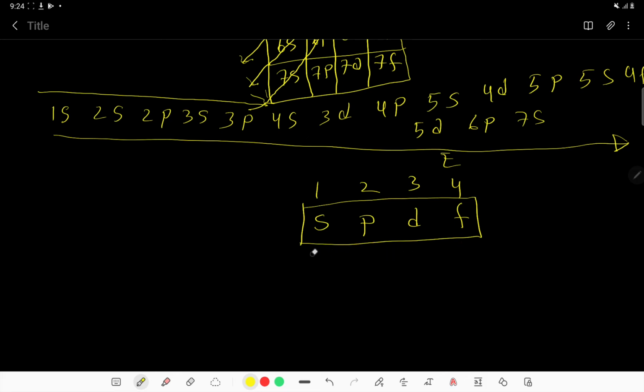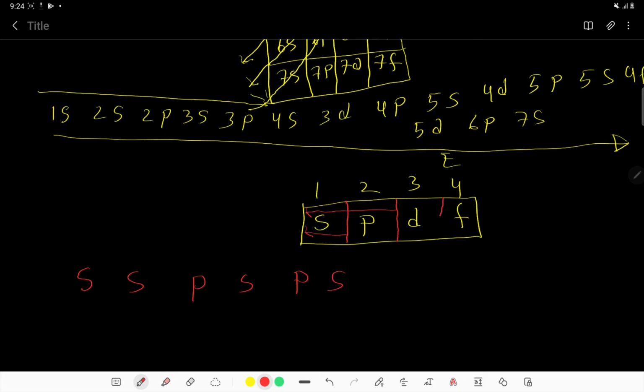Okay. So look, to remember this sequence, how to write: at first you have to consider the s subshell and you need to write s twice, SS. Then you need to consider these two subshells, PS, as a unit, and you need to write this unit twice, PS, PS.